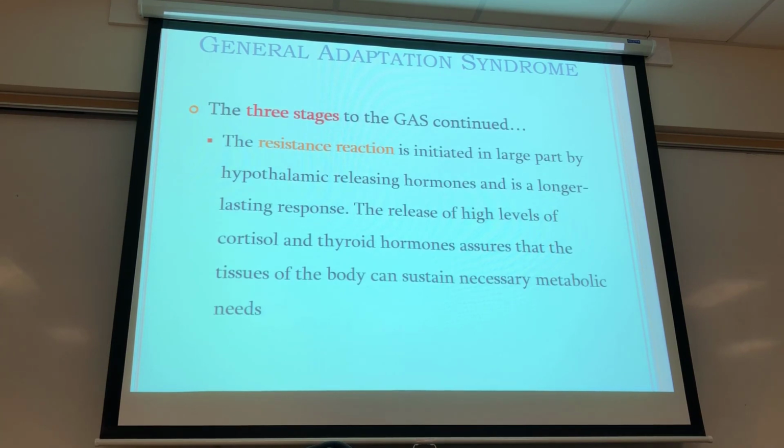The next stage with continued prolonged stress response is the resistance reaction. And what takes place here are the hypothalamic releasing hormones. So we have the release of cortisol. So we have ACTH. We have thyroid hormones T3 and T4. And those are going to specifically work in order to be able to supply energy from fats and carbohydrates.